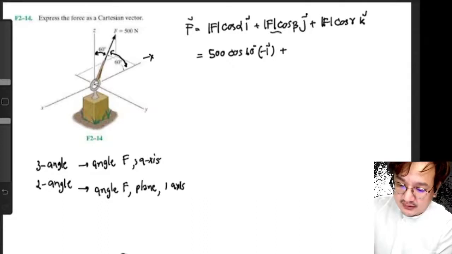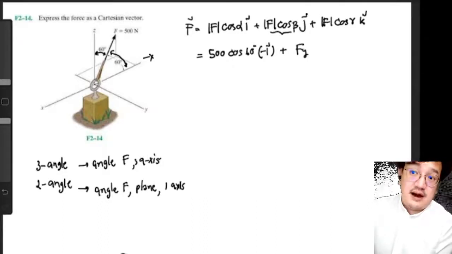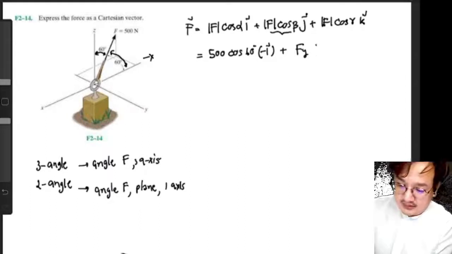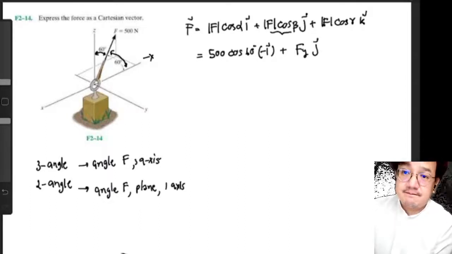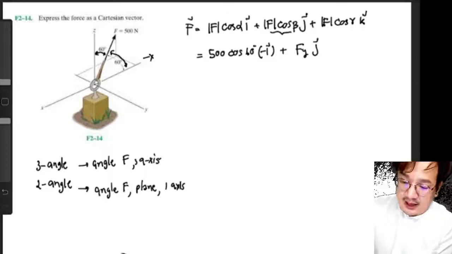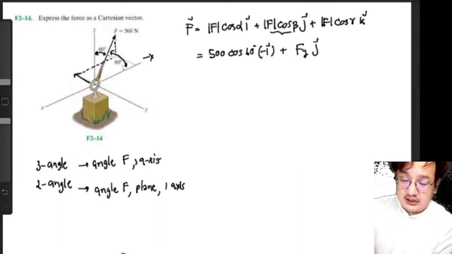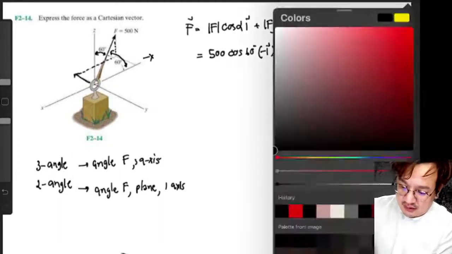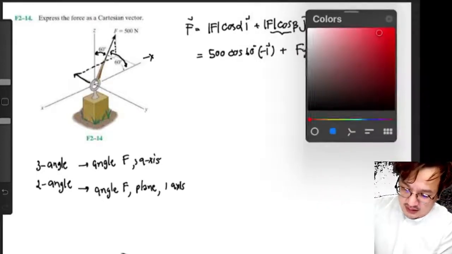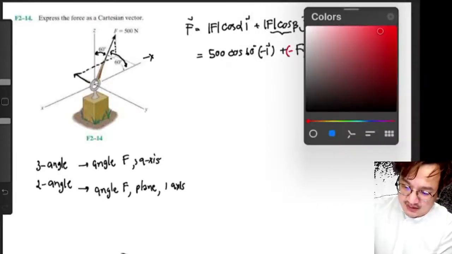For this one, I will reduce it as Fy first, and then j. And please notice that you can see in the figures that this Fy goes to the negative side. So I will put a minus sign here.